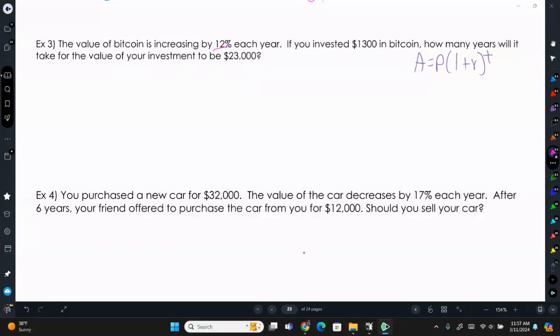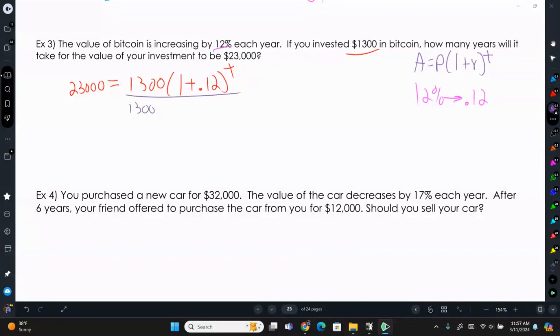The r value of 12% is 0.12. So now we can write 23,000, that's our a value, what we want it to be worth, equals 1,300, which is our p value, what we started with, times 1 plus 0.12 raised to the t power. So we're going to divide both sides by 1,300.